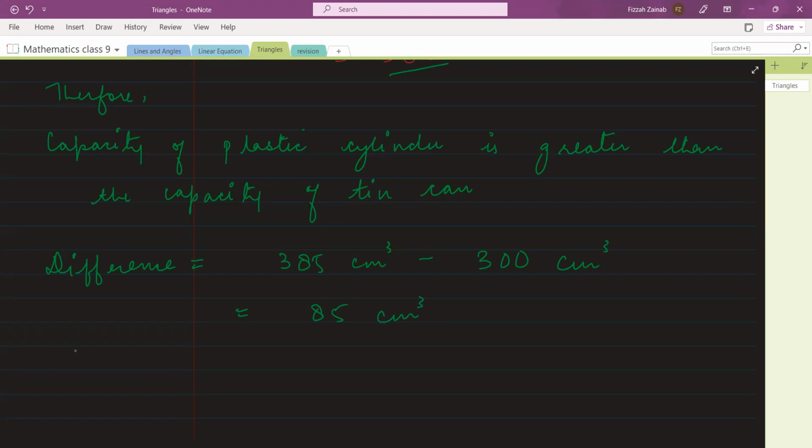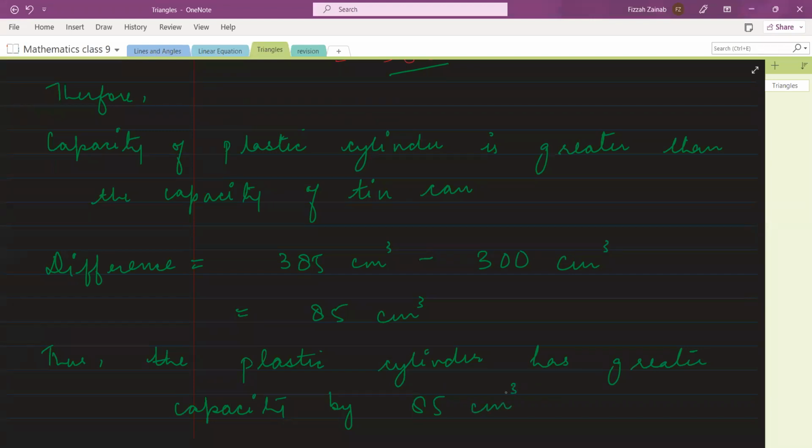So you can say in the end, thus the plastic cylinder has greater capacity by 85 centimeter cube.